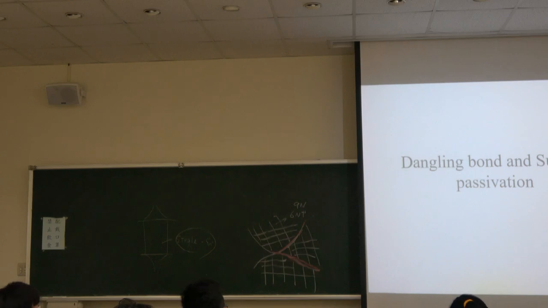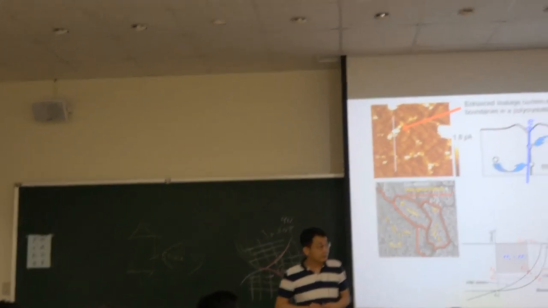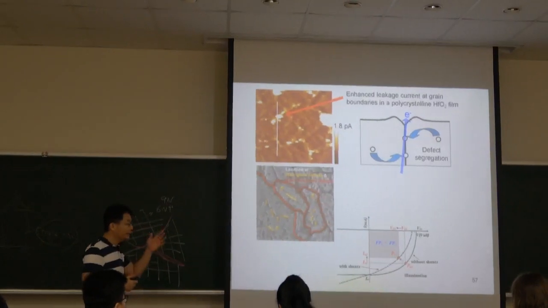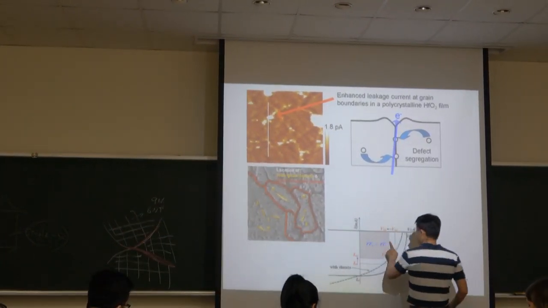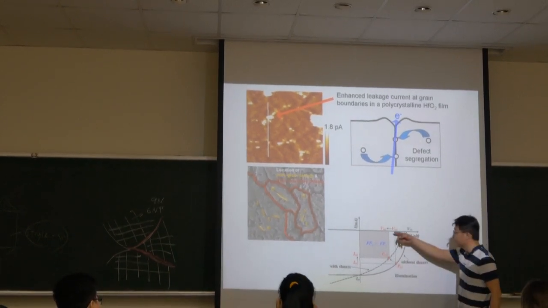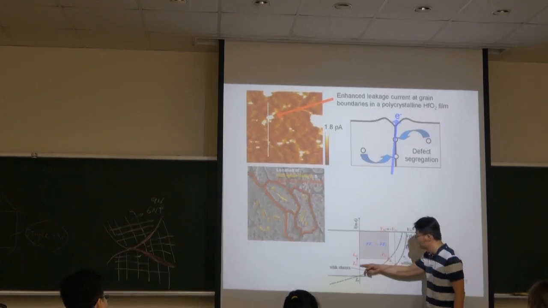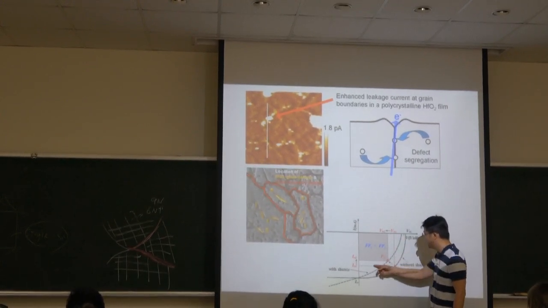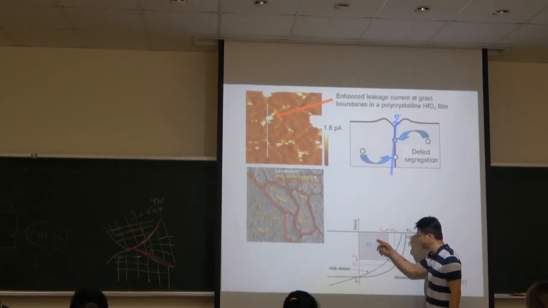Passivation is also a very important process that you have to do. Previously we talked about the fill factor, right? Surrounding this area you have the fill factor. For example, you have fill factor 1, and in this area fill factor 2.